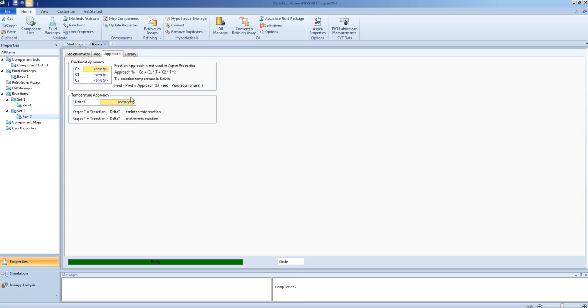We have the ability to specify an approach. The approach tells us the difference between the outlet temperature of the reactor and the equilibrium temperature that should have been achieved. Note that this difference is not due to energy being removed from the surroundings or added to the surroundings.